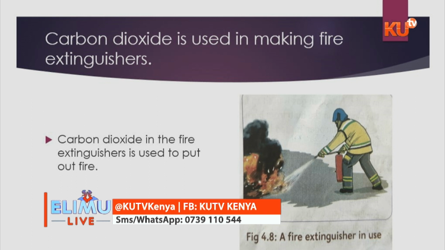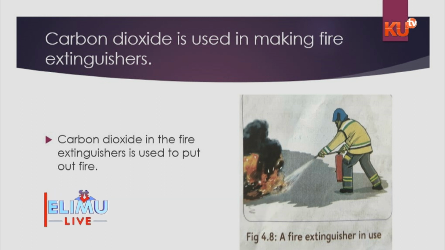So this container that this firefighter has, you can see there is a pipe, and that pipe directs some items towards the base of the fire. That is the source of the fire, where the fire originates from. You direct it there. What is that whitish substance that you see? That is chemical substance that is made up of carbon dioxide.